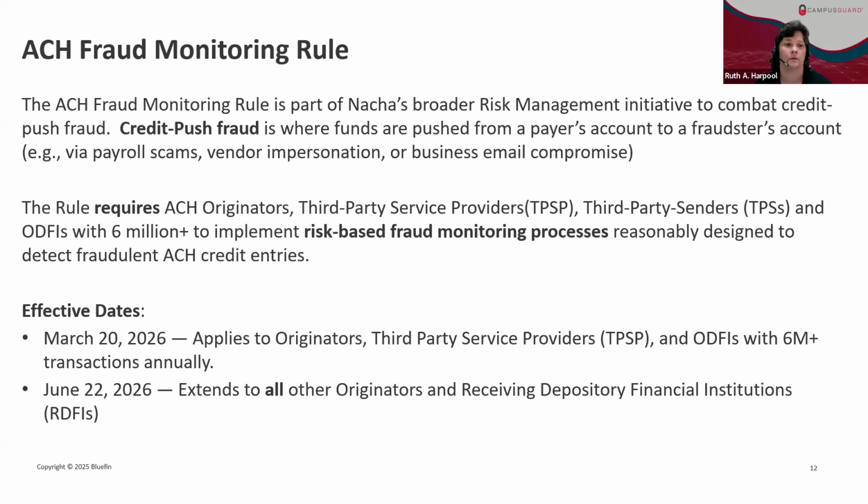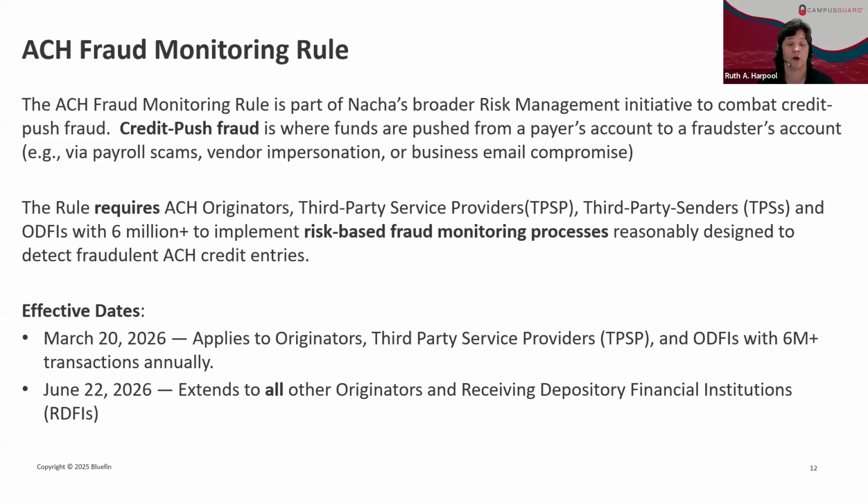That rule goes into effect March 20th of 2026. I can, with certainty, guarantee that no one on this call is initiating 6 million or more ACH transactions a year in higher education. You're not doing it. Most of you are well below the 2 million ACH transactions a year mark, based on my estimate.